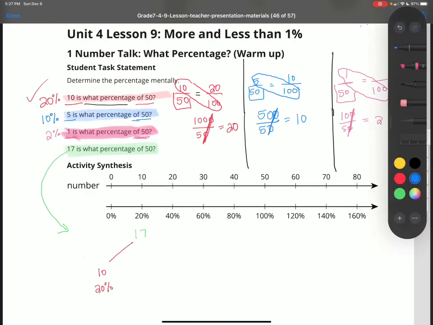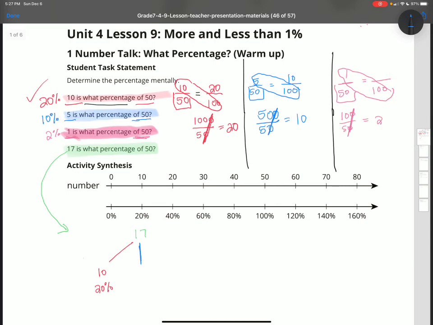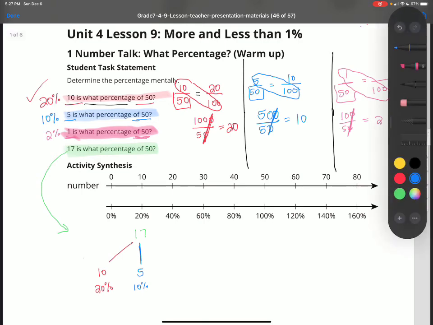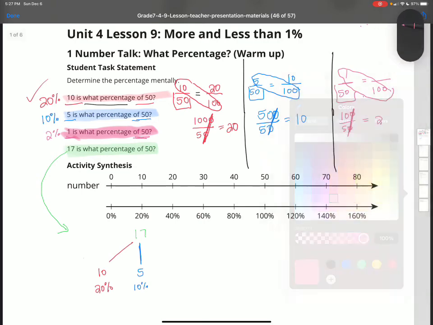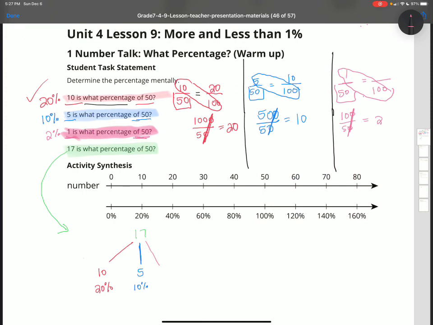For the next one, which is blue, I could take 5 from that 7, and 5 was 10%, okay? Now what's left over is 2, and I could break 2 down to 2 sets of 1. And 1 is 2% of 50, okay?